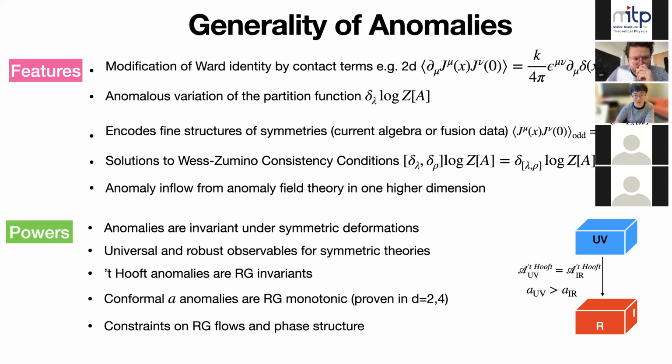So as opposed to the nice property of the 't Hooft anomaly, which says they're invariant under RG flow and also invariant under symmetric deformations, the A anomalies are not invariant, but they satisfy the nice monotonic property. Together, this anomaly matching condition for the 't Hooft anomaly and this monotonicity property of the A anomalies give rise to very strong constraints on RG flows and on the phase structure of your quantum field theory.